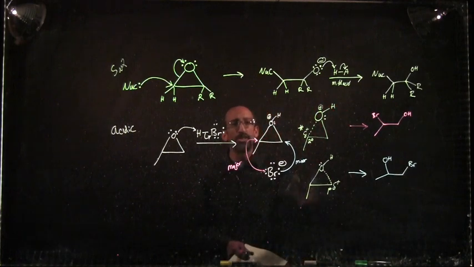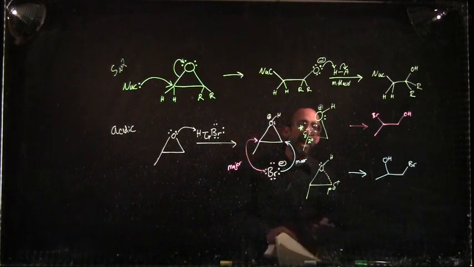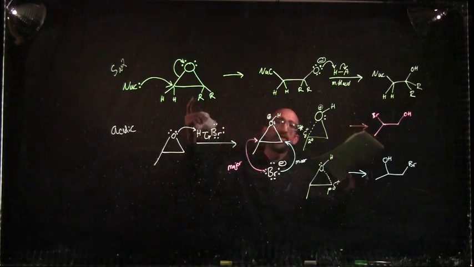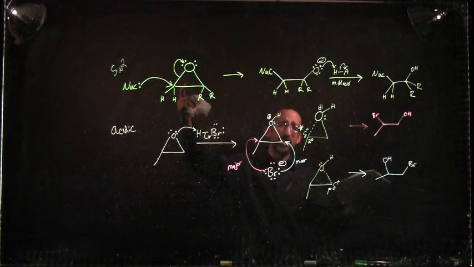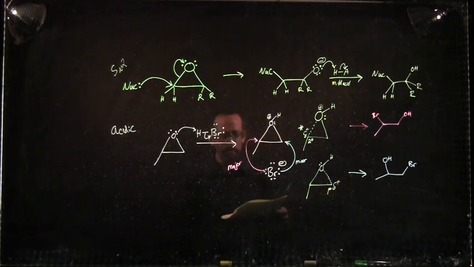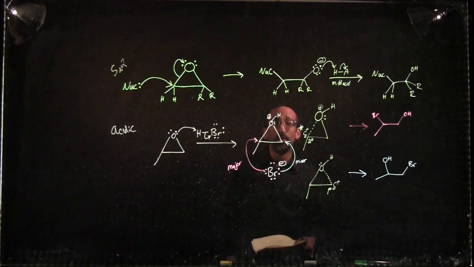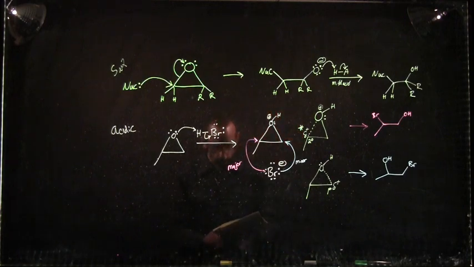Now, I haven't shown stereochemistry in here because all of these reactions, whether it's going by a true SN2 pathway or a pseudo SN1 pathway, typically our major products are going to result with inversion of stereochemistry at the carbon that's substituted, right?